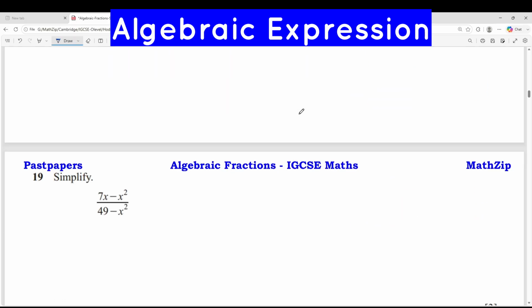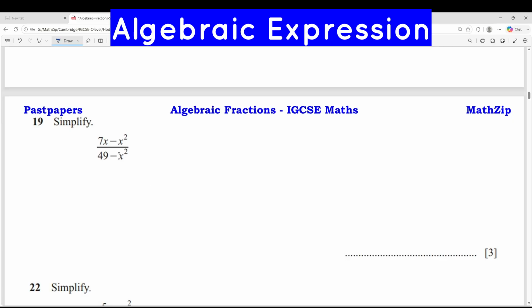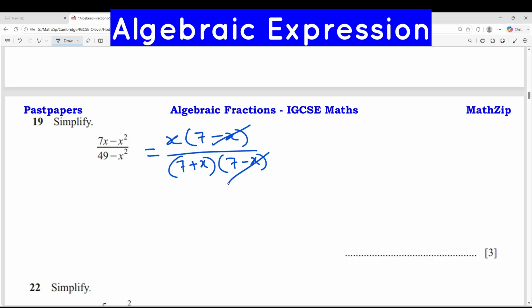So what will be the next question answer? (7x − x²)/(49 − x²). This one we can take common 7. Is it? No. We can take common x. So it will be x(7 − x), and in denominator 49 − x² we can write (7 + x) and (7 − x). So 7 − x out.